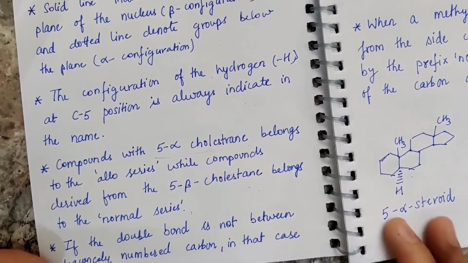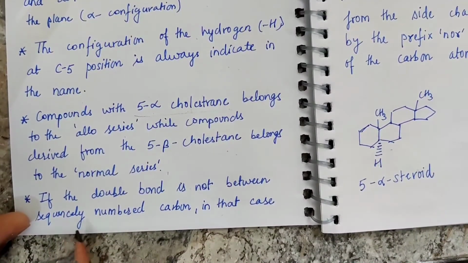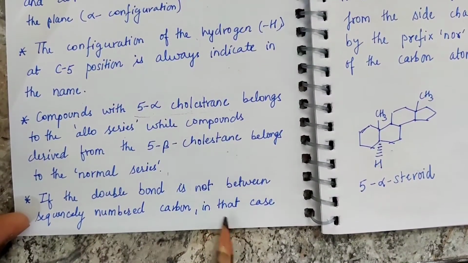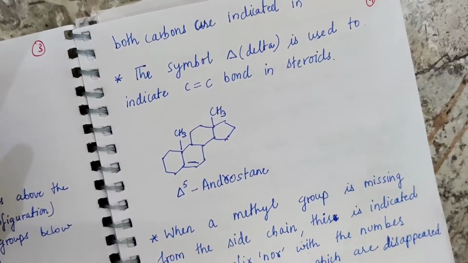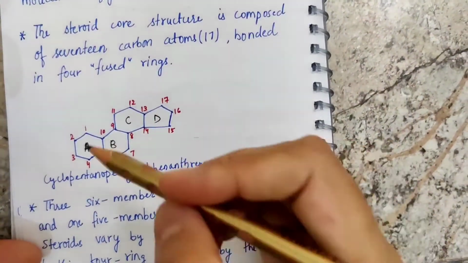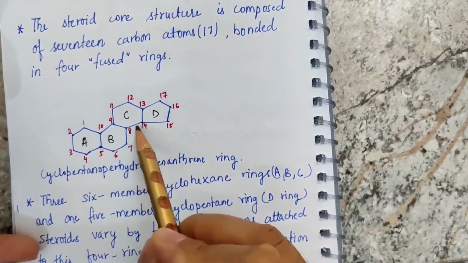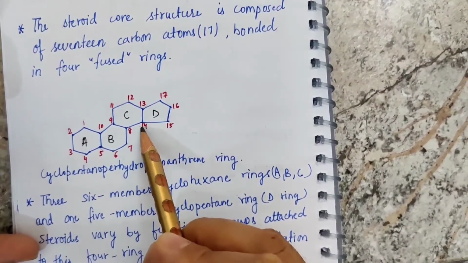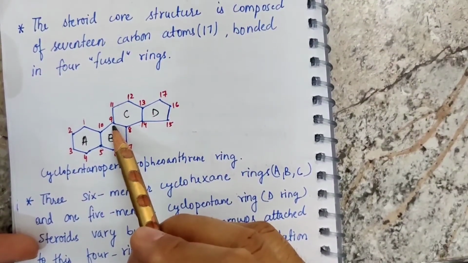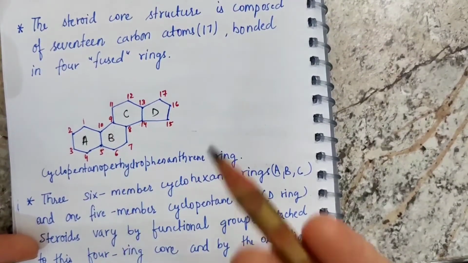Okay. If the double bond is not between sequentially numbered carbons, in that case both carbons are indicated in the name. That means if our bond is, let's say, between 8 and 14, these two are not in sequence, or say between 9 and 11, again these two are not in sequence, so we will have to give the numbering.